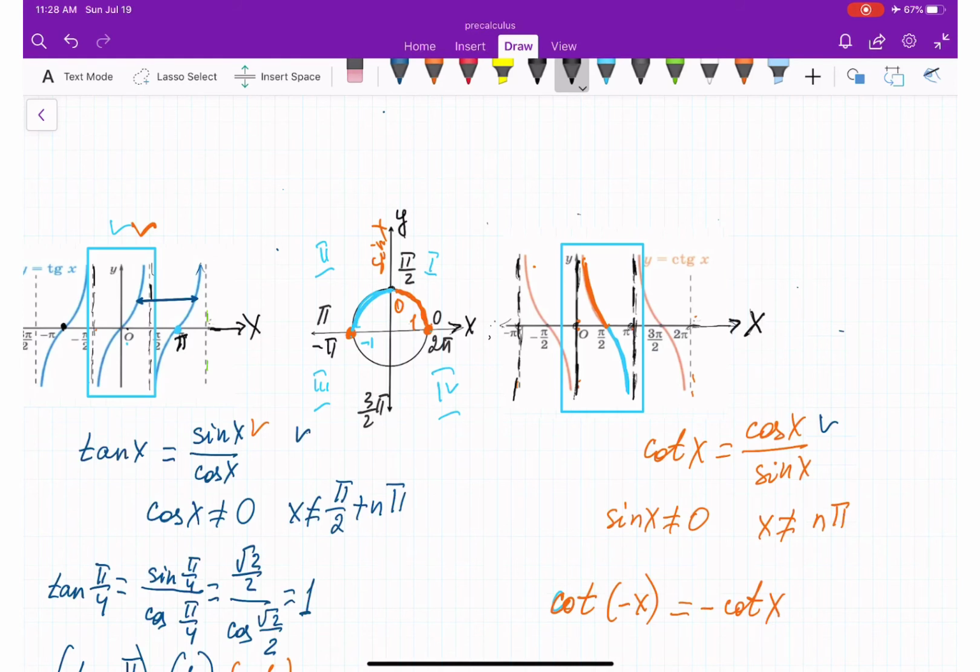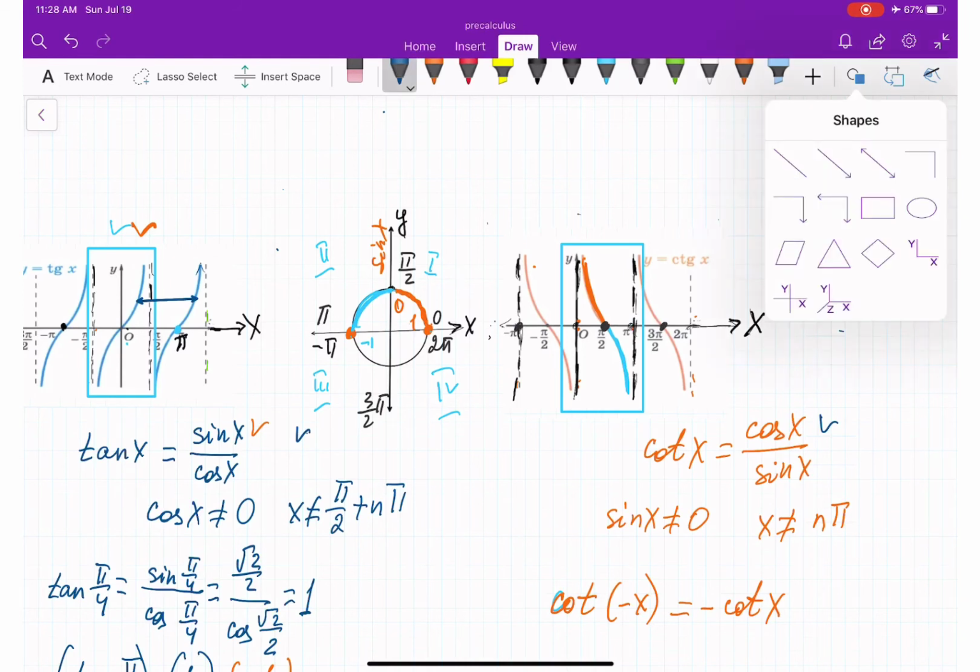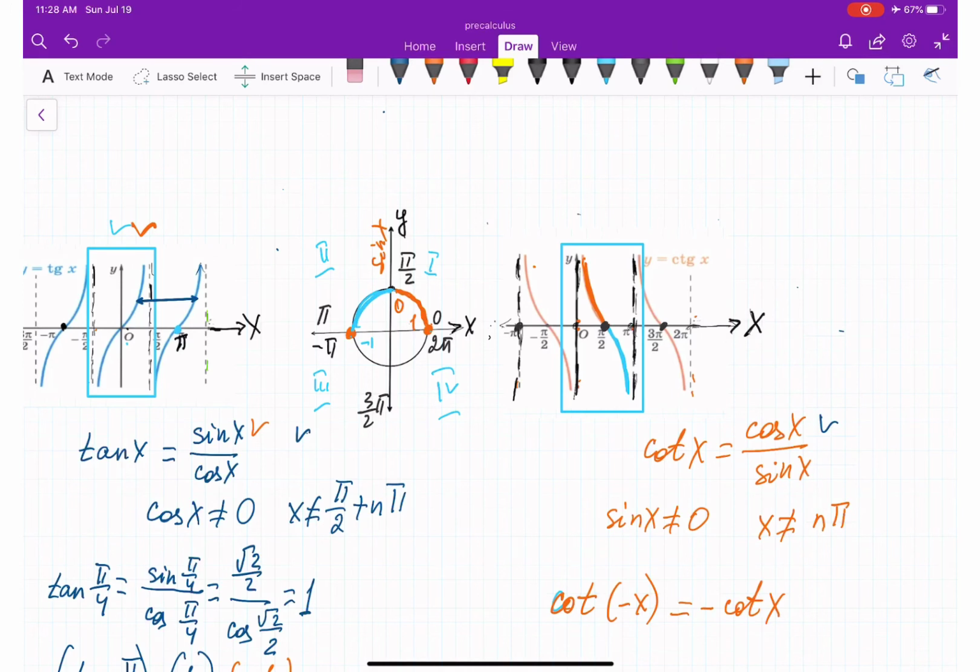Zeros. At what point do we have zeros? Zeros we have at the point half a pi, 3 over 2 pi, which means the difference between them is a pi, right? Okay, let me show. Here it is. This is your period. It is 1 pi.